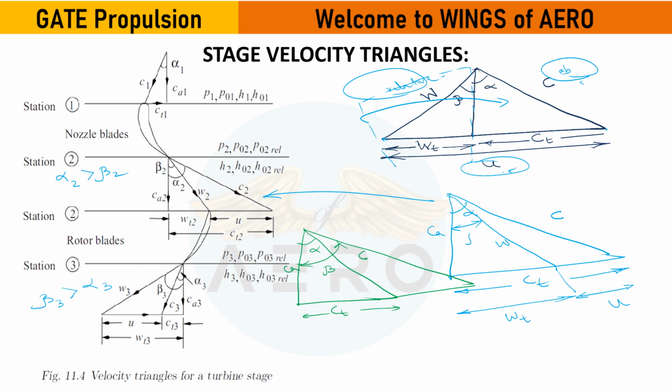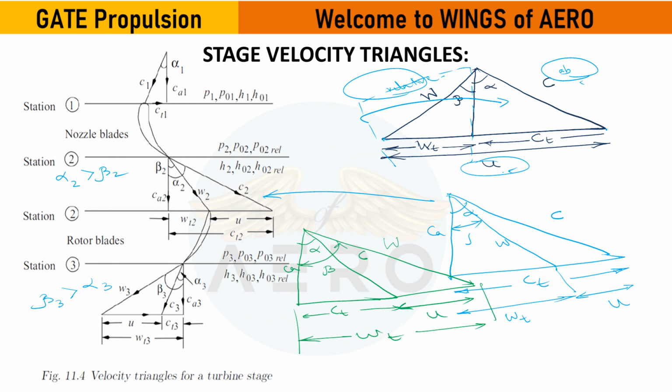Now when this is beta, this will become your W, and from this CA to this W is your WT. That means from here to here it will become your WT. And what is U? U always connects between the C and the W. So this is going to be your U.